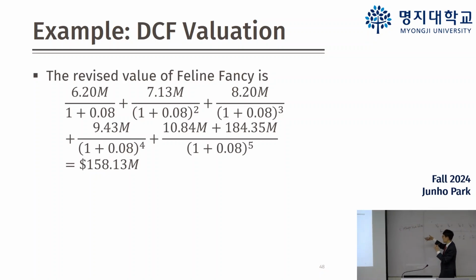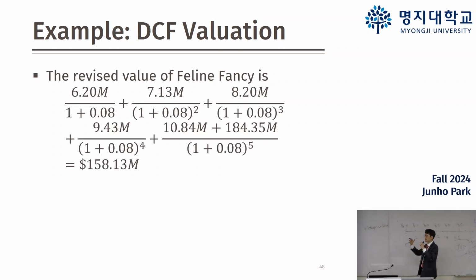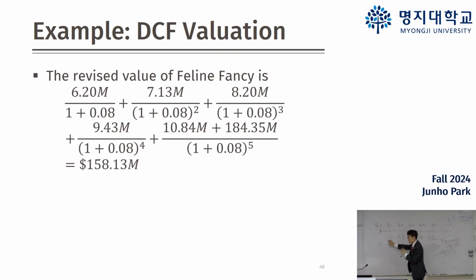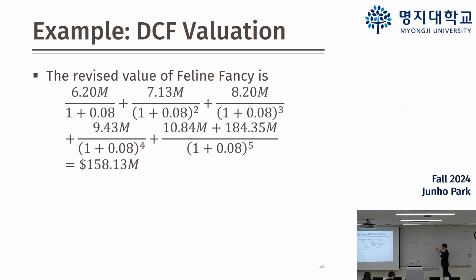So by the term enterprise, it means this is the total value of the company. And remember, where does it come from? The enterprise value comes from the free cash flows. And the other name for these free cash flows is the cash flows from assets. So practically, the enterprise value is the same as the value of assets.